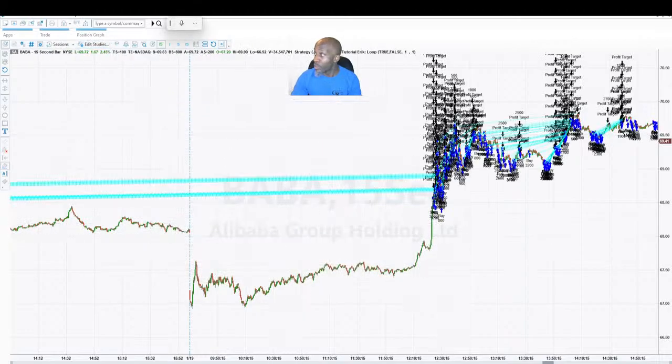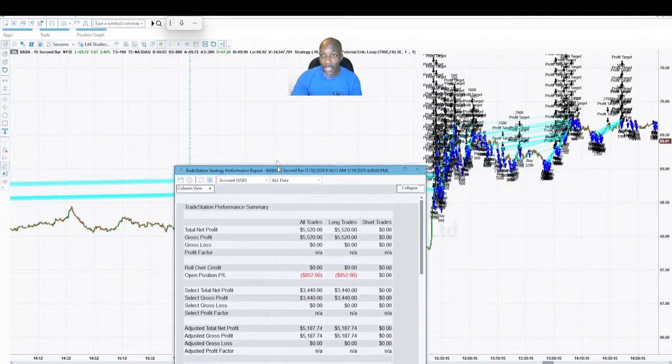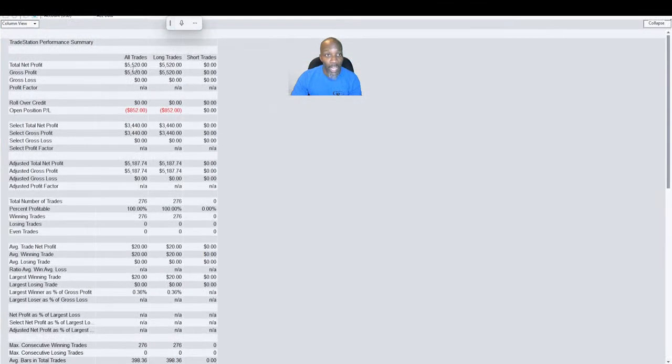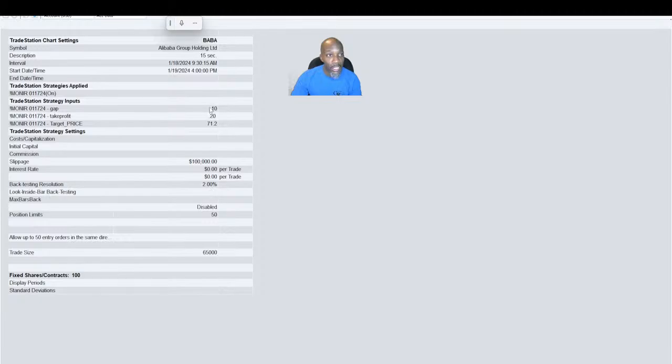I was just curious what it would do. So, you know what, Manir? That profit that we were looking at, that is a 10 cents gap, right? So that 5,500 and 852 on the open position. If you go over to settings, that's a 10 cents gap, right?